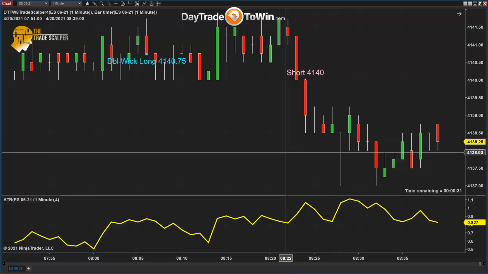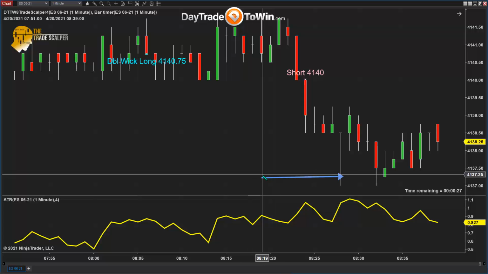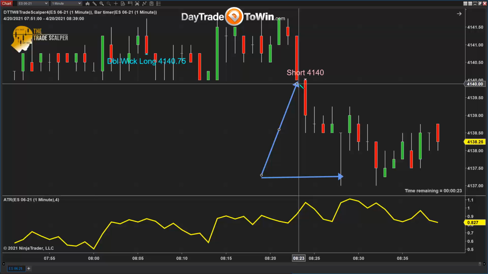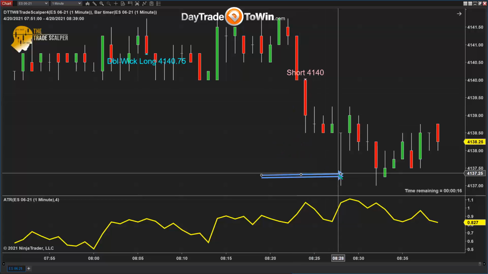But if you place a short trade here, and the signal happened here, and you weren't able to get it, or it never came back to the signal, or it happened too fast, this is not where you want to be.